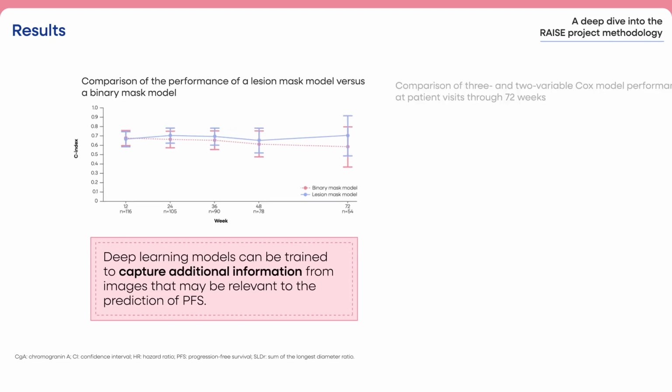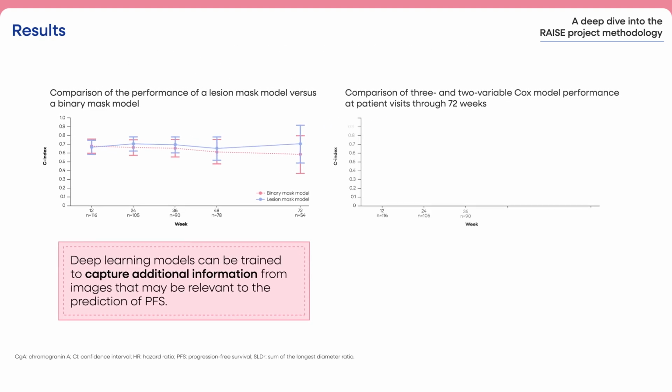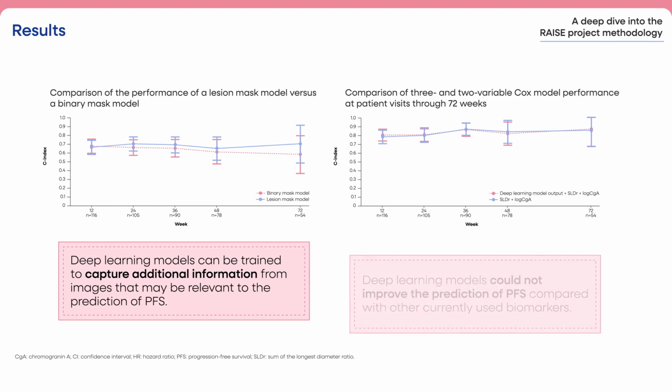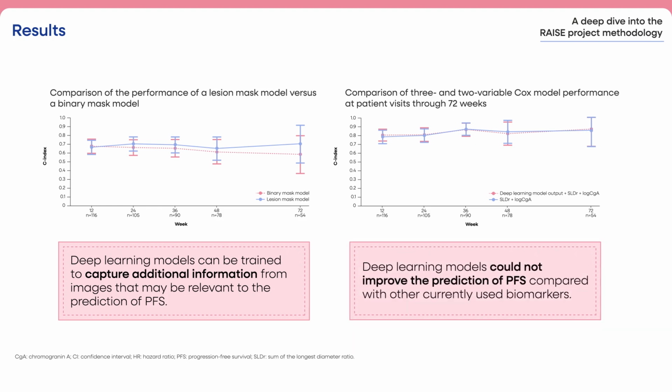However, no differences were found in the performance of a model combining the deep learning model output with the sum of the longest diameter ratio and levels of chromogranin A, as compared with a model based on the sum of the longest diameter ratio and levels of chromogranin A alone. This finding showed that deep learning models could not improve the prediction of progression-free survival compared with other currently used biomarkers.